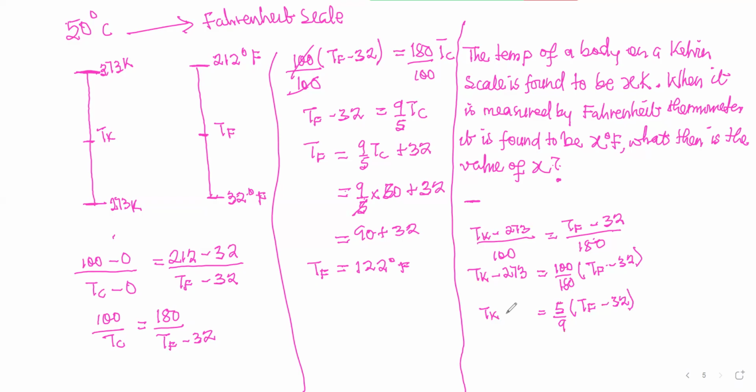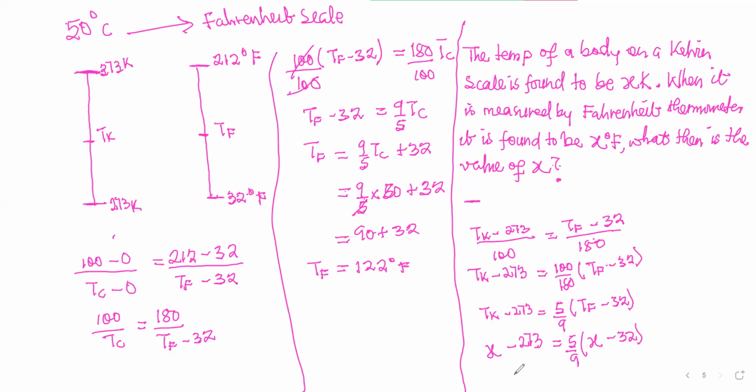Now, on the Celsius scale, the temperature is X. On the Kelvin scale it is X Kelvin. Also on the Fahrenheit scale, it's X. So this is X minus 273 is equal to 5 over 9 times (X minus 32).